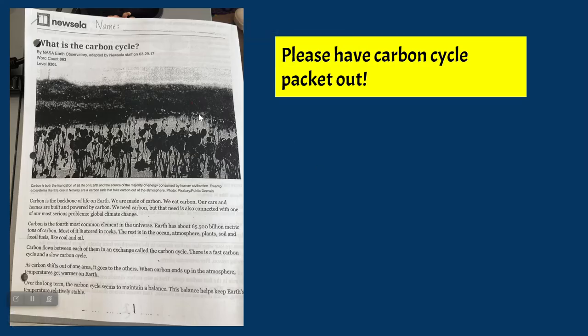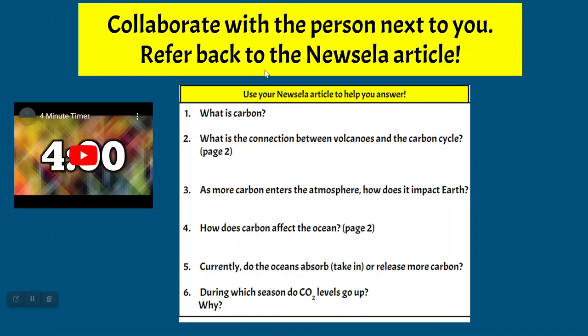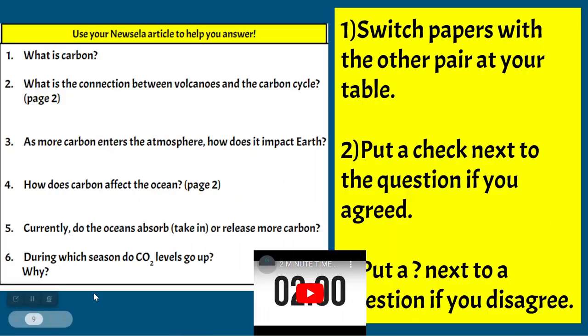Looking in your packet, this was early on in your packet, I think it was the second piece of paper, we were reading this article about what exactly is the carbon cycle. And so we're going to refer to that a little bit and have some discussions with classmates. And so on everybody's tables, we had these questions, and people were thinking about the articles and trying to answer each of these questions.